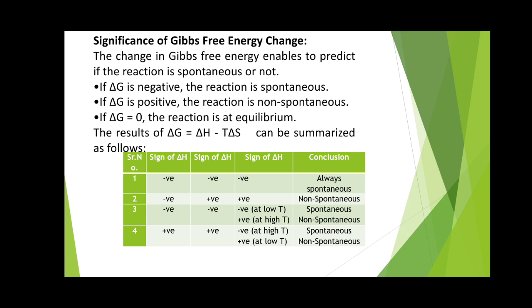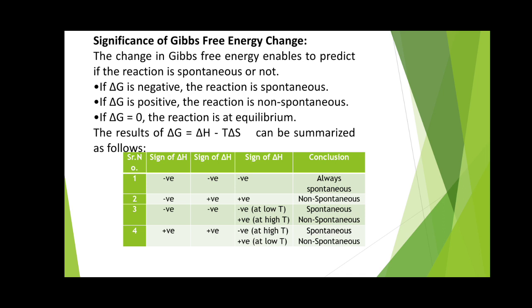Whatever unknown reaction or process you have, whether it is spontaneous or non-spontaneous can be understood very well without any hesitation. We can directly call this reaction spontaneous or non-spontaneous on the basis of delta G. So the sign of delta G is very important.